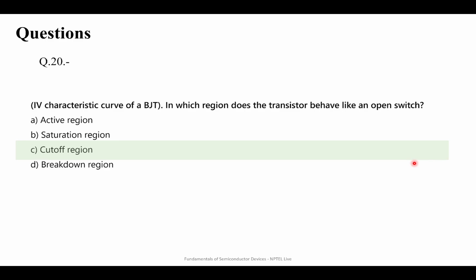So in the cutoff region, your base emitter junction is also reverse biased. So if your base emitter junction is reverse biased, your emitter current is not going to your base, which means it will also not go to your collector. So at this point, since both of your junctions are reverse biased, there won't be any current conduction. So it will act like an open switch.